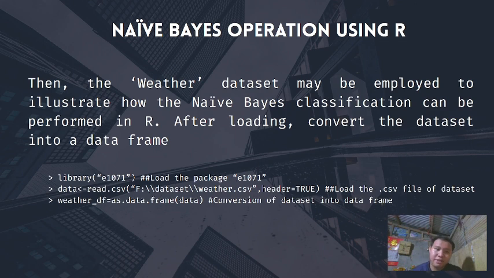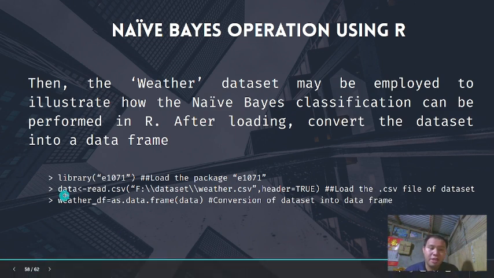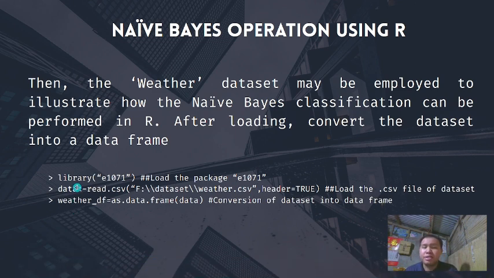Then, after that, the weather dataset may be employed to illustrate how naive Bayes classification can be performed in R. After loading, we will convert the dataset into a data frame. Using this command, we will load the package first, library(e1071), then read.csv.